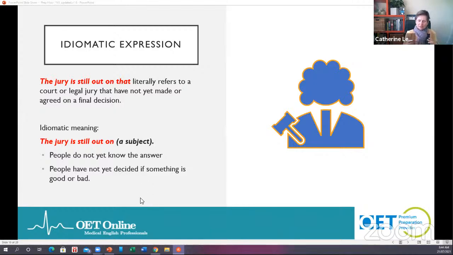It has an idiomatic meaning. We don't only think of this literal meaning with idioms. So we don't only have to use it in a court or legal setting. We can use it in other settings when we're talking to the patient. Anytime people don't know the exact answer, we don't know for sure.